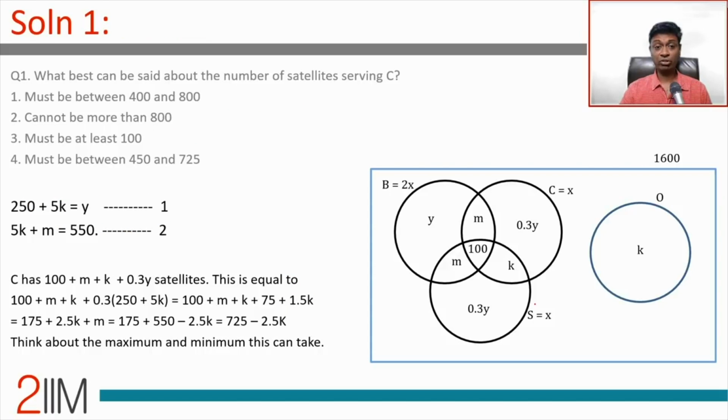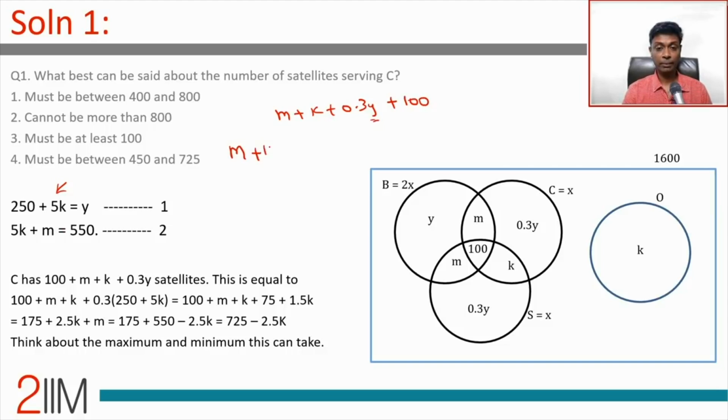What best can be said about the number of satellites serving C? Number of satellites serving C is m plus k plus 0.3y plus 100. So 0.3y can be written in terms of k. We know y is 250 plus 5k. So let's write this in terms of k.